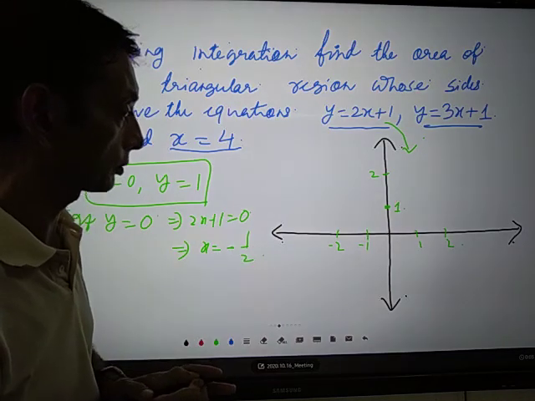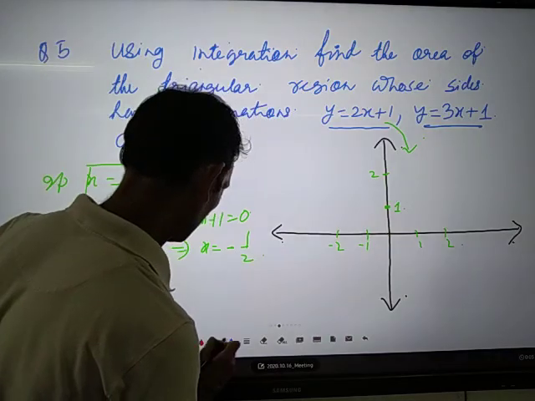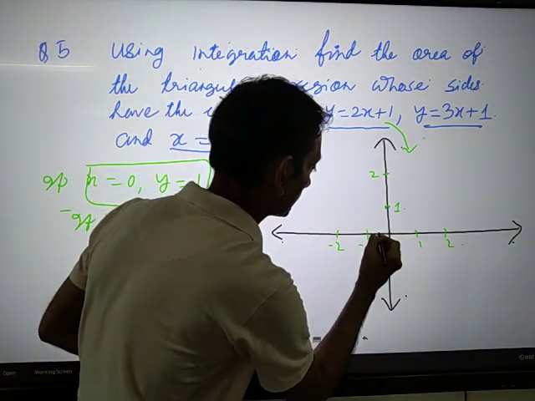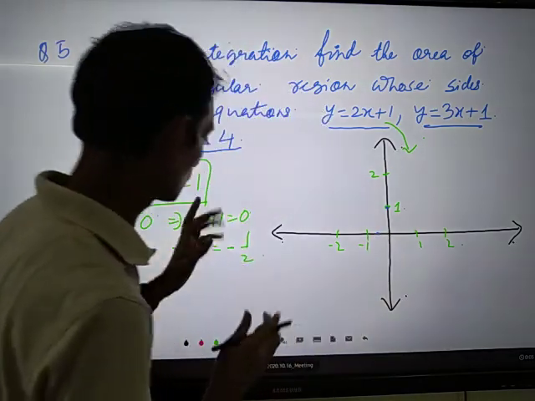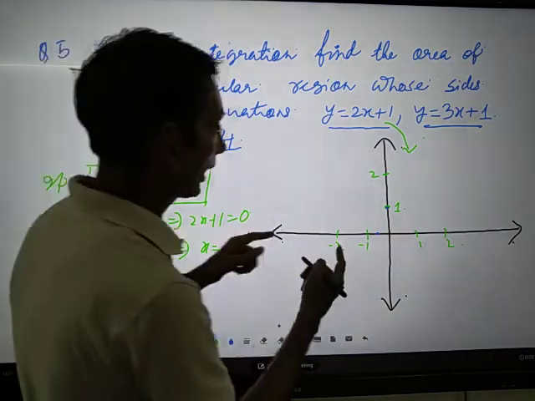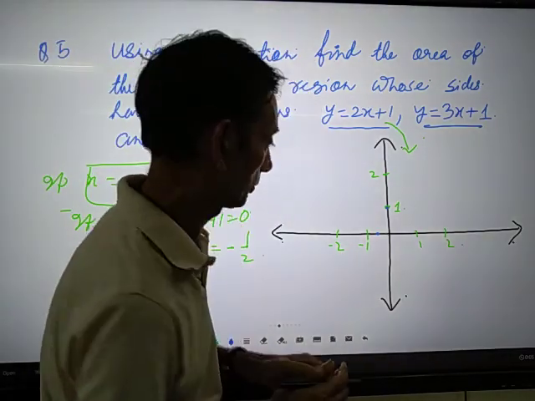So we get another point there. We are getting 2 points, one is this and one is this, minus 1 by 2. With the help of that, we'll just draw the line. So this is the line for y is equal to twice x plus 1.